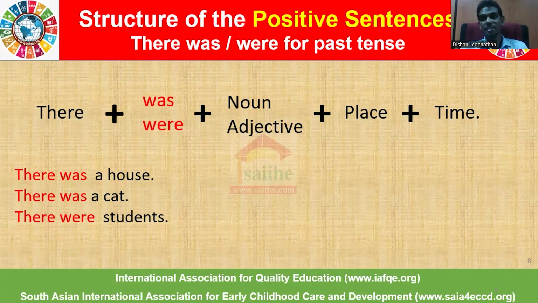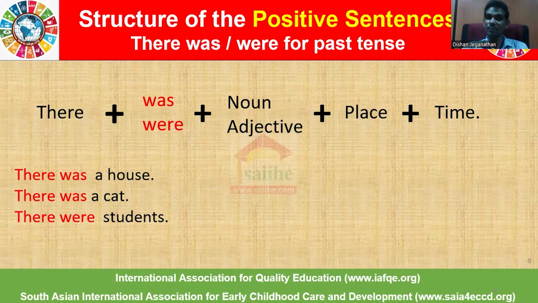Let's have a look at these examples. There was a house. There was a cat. There were students. Now, if you look at the first example, there was a house. The noun house refers to a single house. Hence, we make use of there was. And what does this mean? There was a house.